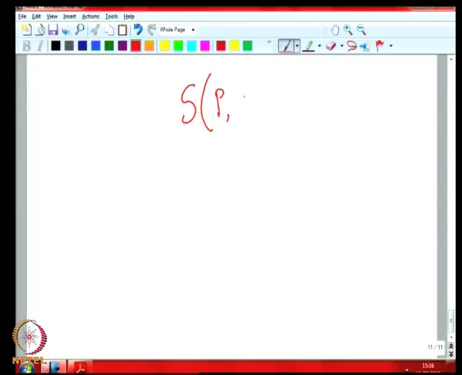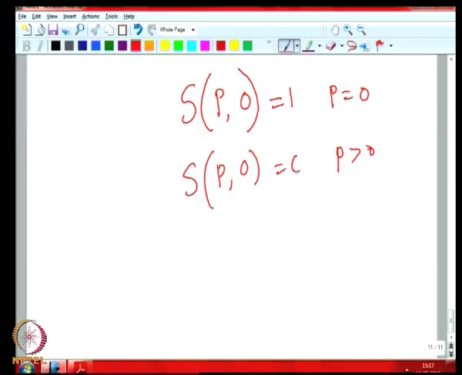S(P, 0). If P was equal to 0, then we can put 1, because 0 things can be put in 0 boxes in one way. But if P is greater than 0, then this has to be 0, because if there is at least one object and 0 boxes, we cannot distribute them into 0 boxes.